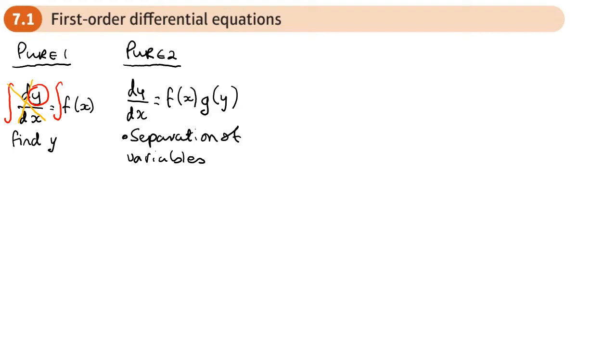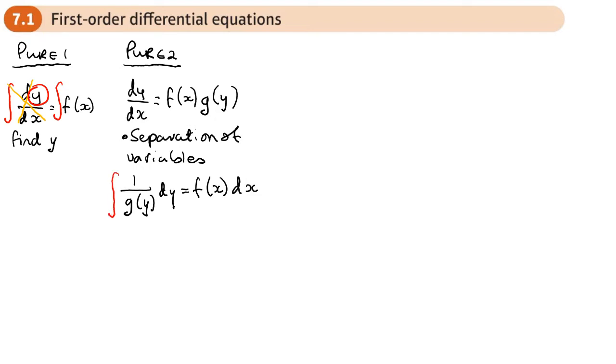So we would rearrange this so that we've got all the y terms on one side, all the x terms on the other. So we'll have something like 1 over the function of y dy equals the function of x dx, like this.